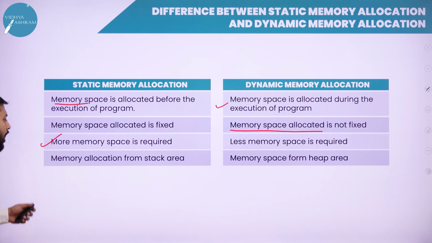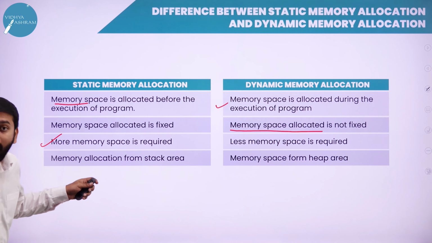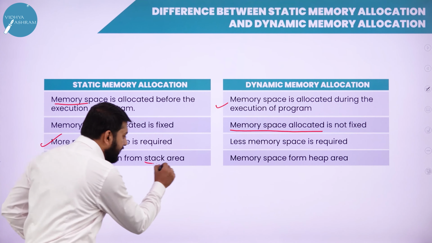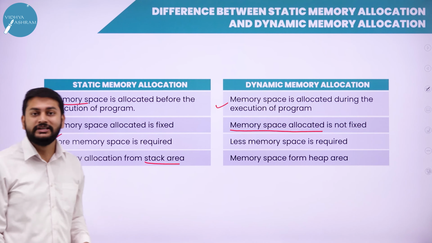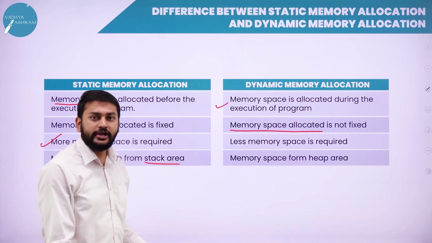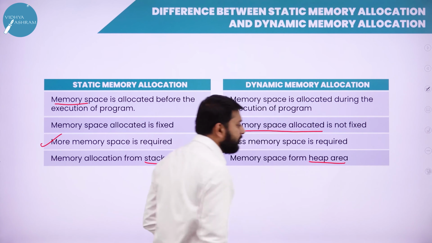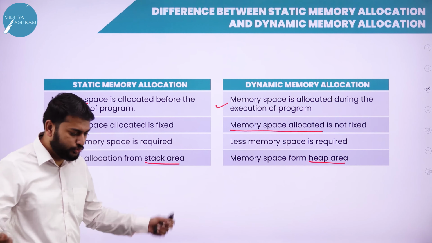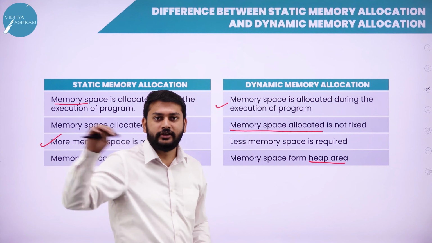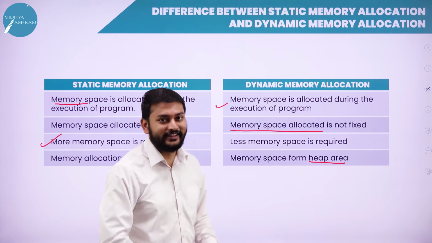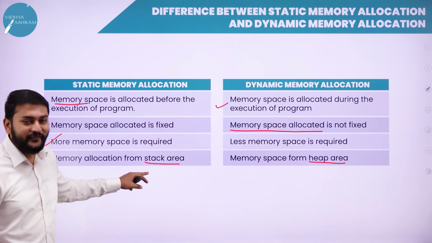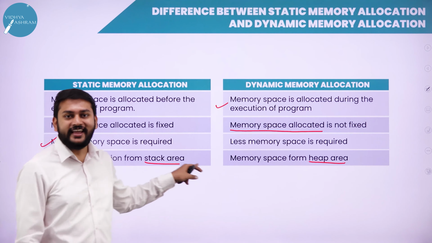What is the next one? Allocation will happen from the stack area, and in the other case, allocation will happen from the heap area. There are two different areas: one is the stack area, another is the heap area.